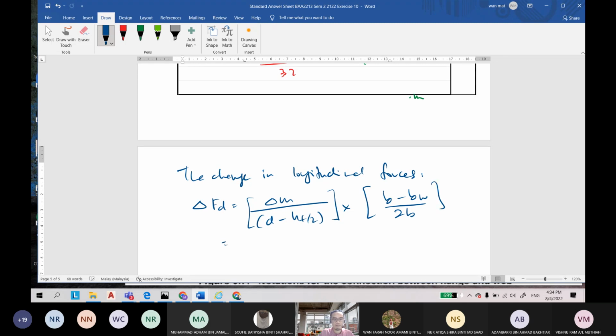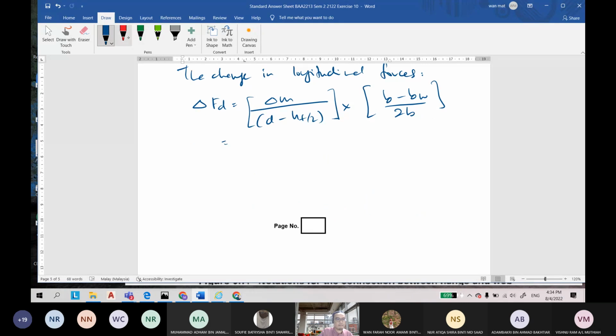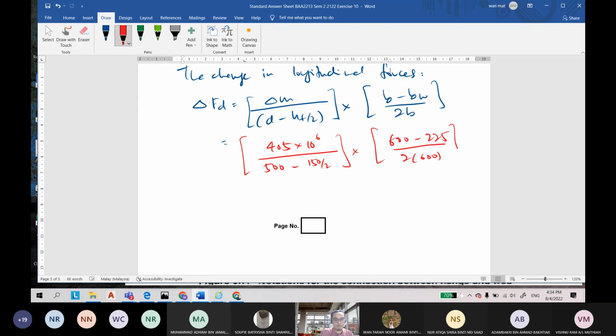So delta M is equal to 405. 405 times 10 to the power of 6 divided by (500, our d, minus 150 over 2), multiplied by (600 minus bw, 225) divided by 2 times 600.